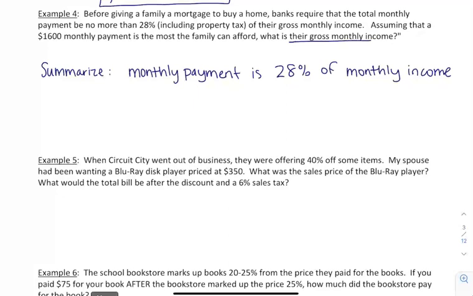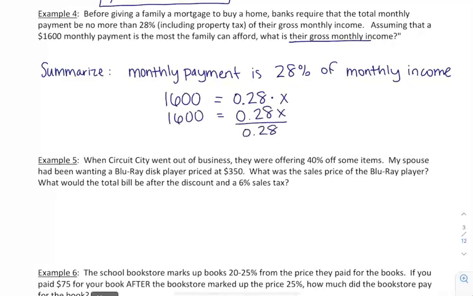Here we know the monthly payment, so we can represent that monthly payment in our equation. 1,600 is, that's our equal, 28%, write that as a decimal, 0.28 of, we're going to multiply the monthly income, that's what we don't know, so we'll represent that with an x. So 1,600 equals 0.28x. To get x by itself, we will divide both sides by 0.28.